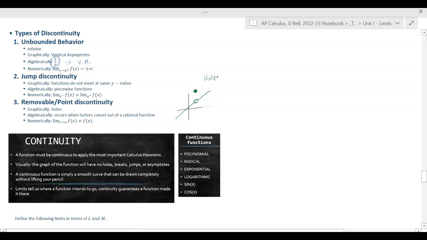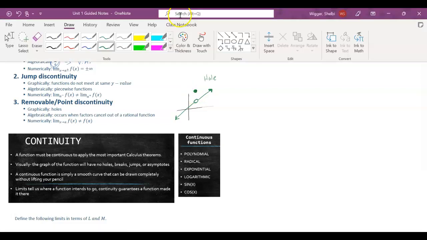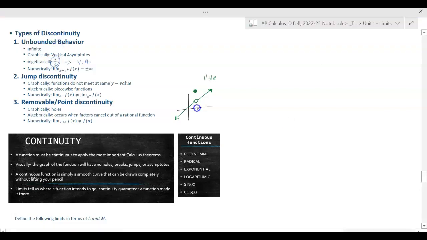A function is discontinuous if at any point when tracing the function from left to right on a graph, you have to pick up your pencil to fill it in. So here we'd have to pick up our pencil and fill in that hole at, let's say, x equals 1.